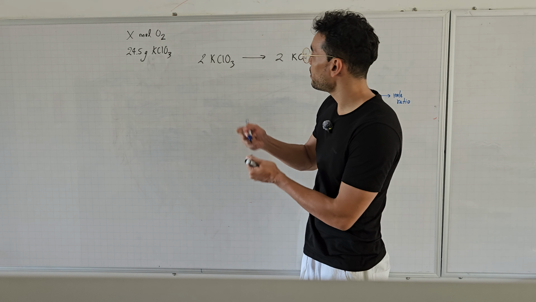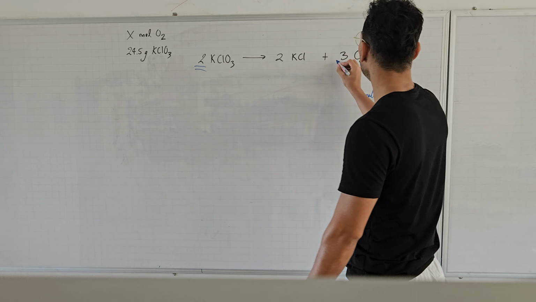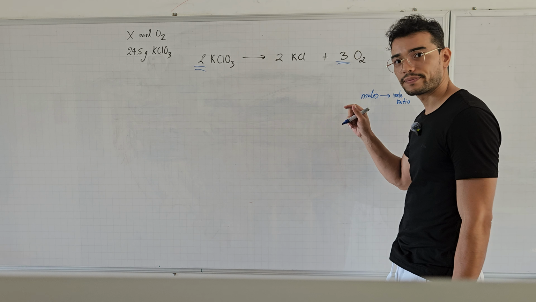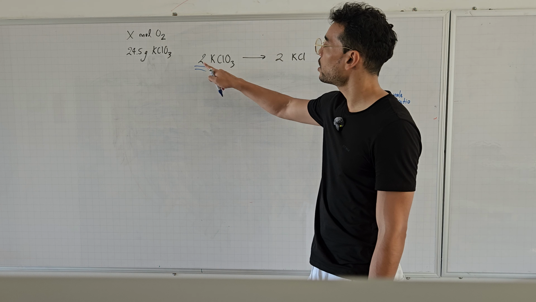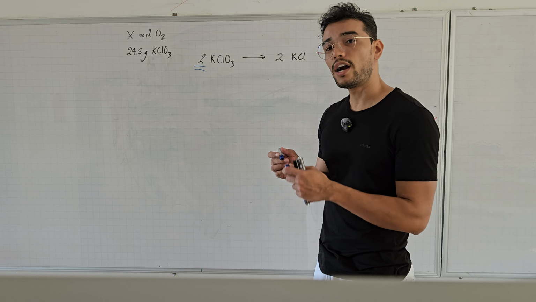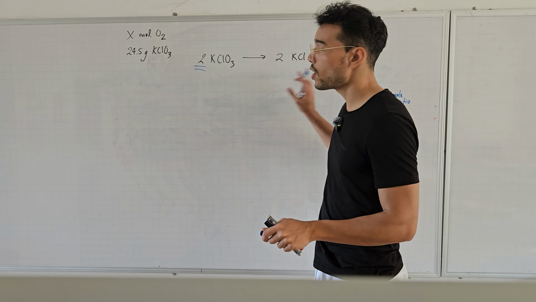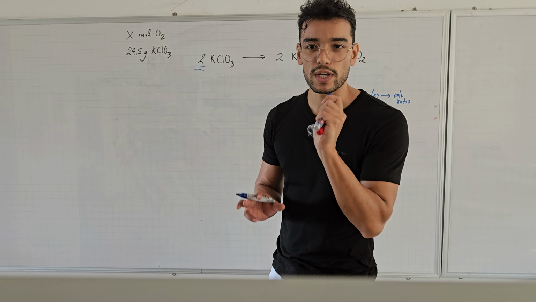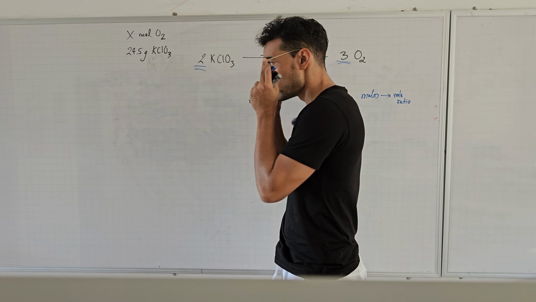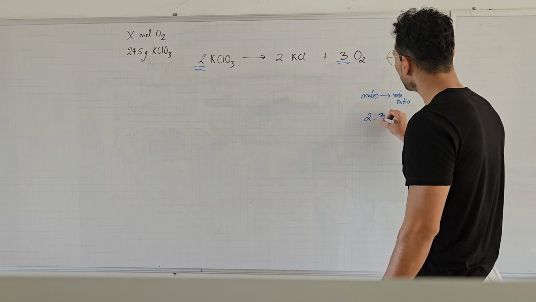In this case it would be the 2 moles of potassium chlorate with the 3 moles of oxygen. Remember that the bigger values beside any molecule are called stoichiometric coefficients, and they are responsible for telling us the mole ratio in a reaction. So now we realize that the mole ratio is 2 to 3.